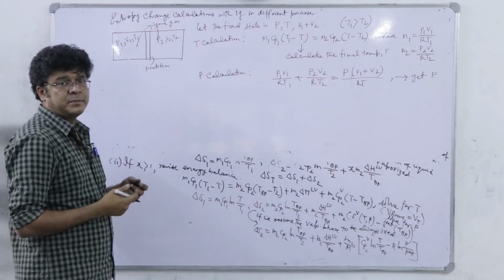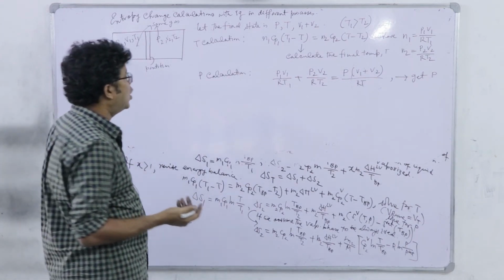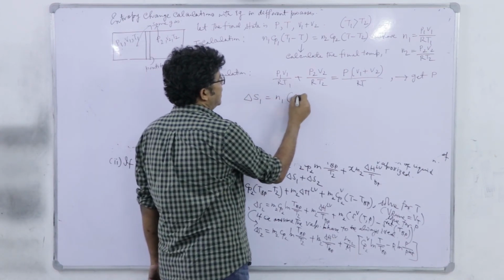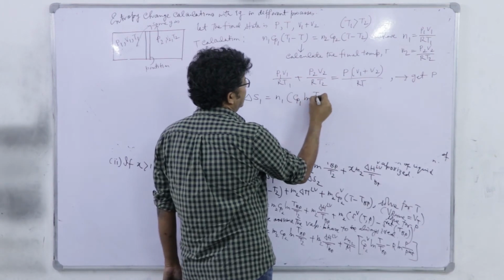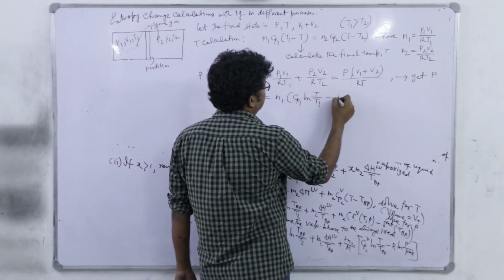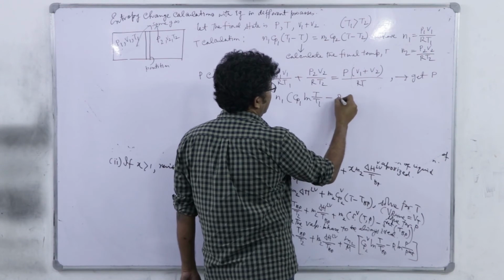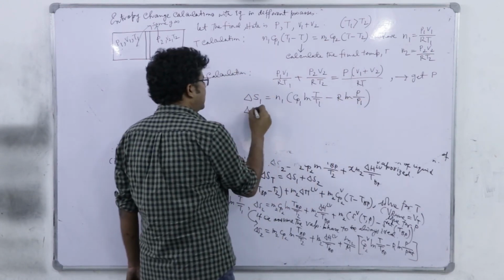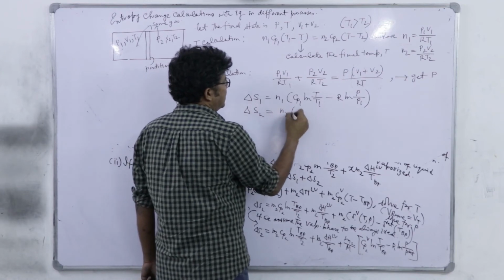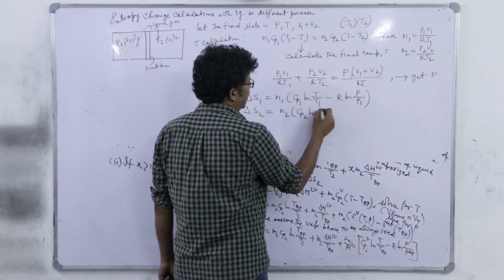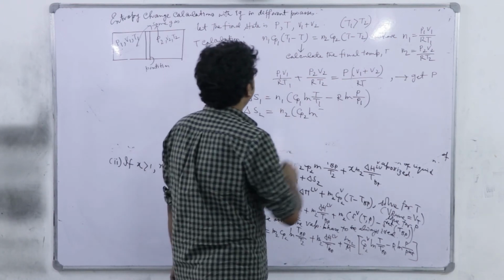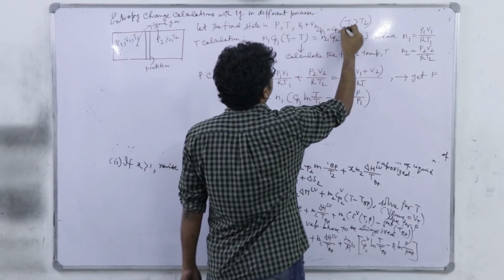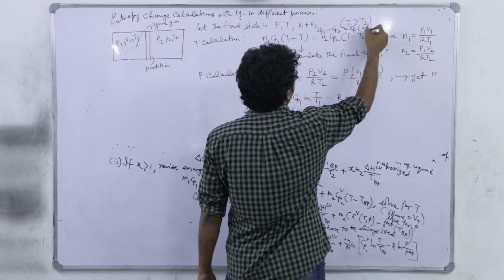Once the final state pressure and volume are known, delta S1 is equal to N1 Cp1 ln T by T1 minus R ln P by P1, and delta S2 will be N2 Cp2 ln T by T2 minus R ln P by P2, where Cp1 is equal to Cp2 is equal to Cp, let it be.